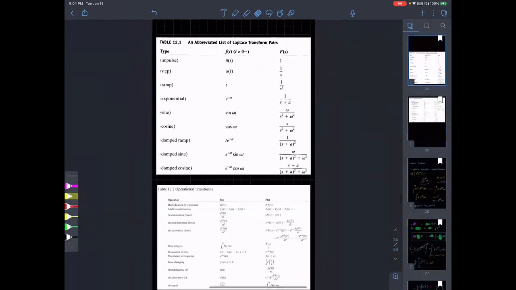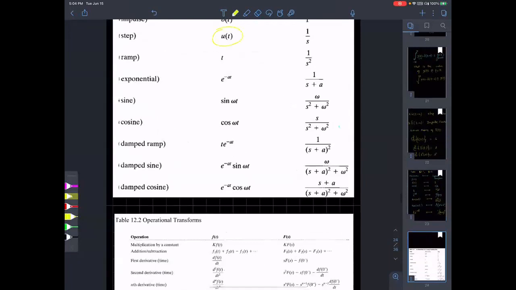So what we have done is we use the fact that this guy U of t is 1 over S.